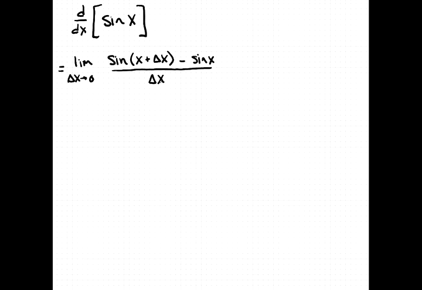Okay, so now we can apply the sum difference formula for the sine function. And so we have this formula that says the sine of a plus b is equal to the sine of a times the cosine of b plus the cosine of a times the sine of b. So we have this formula, and we'll apply this here.